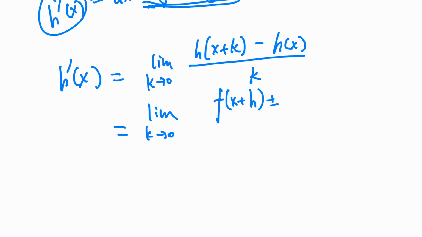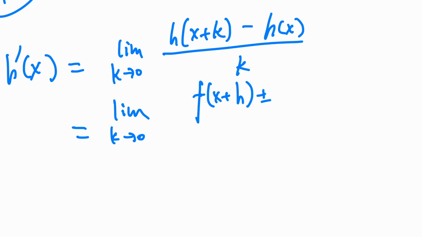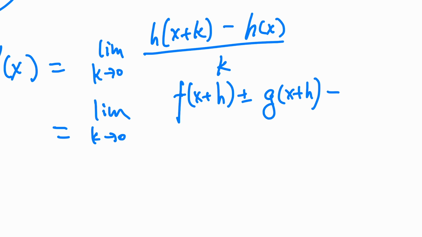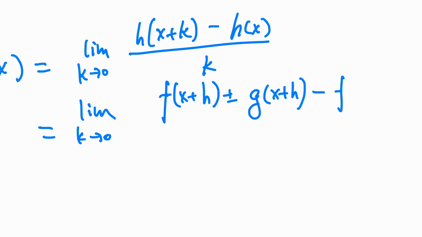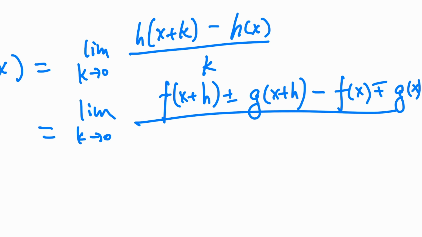So f of x plus k plus or minus g of x plus k, minus, because we actually have a parenthesis here, this is the h of x, so minus f of x minus plus g of x, over k.